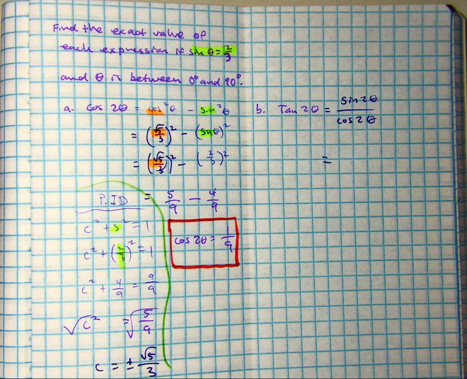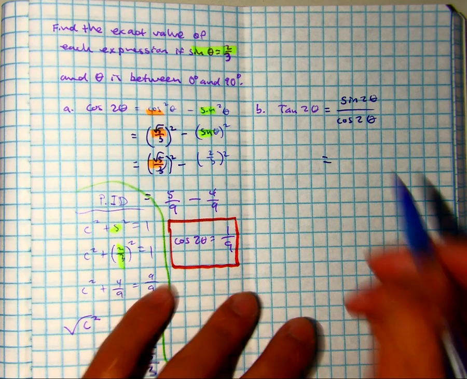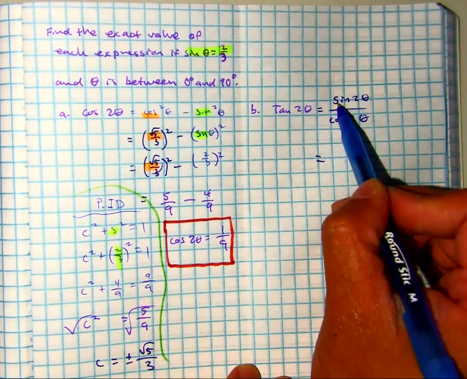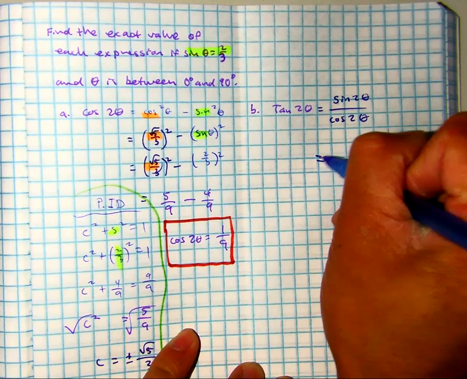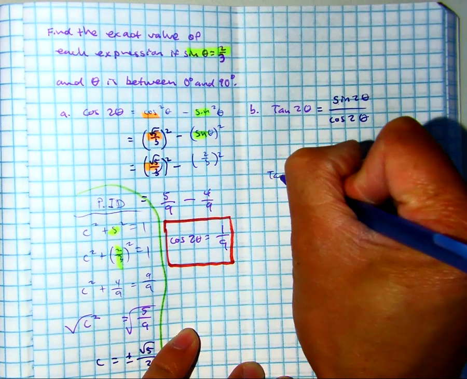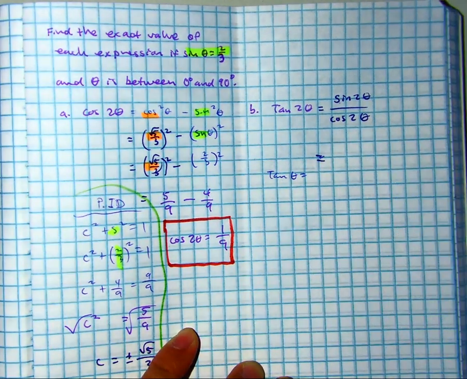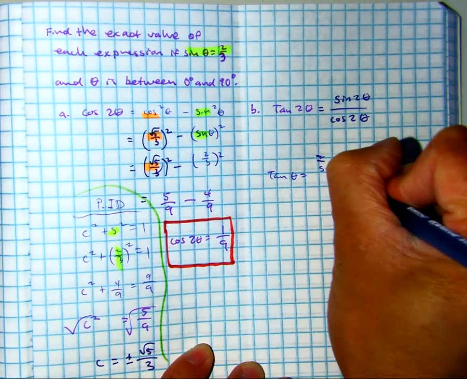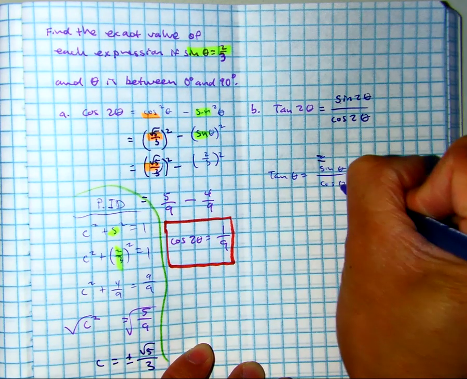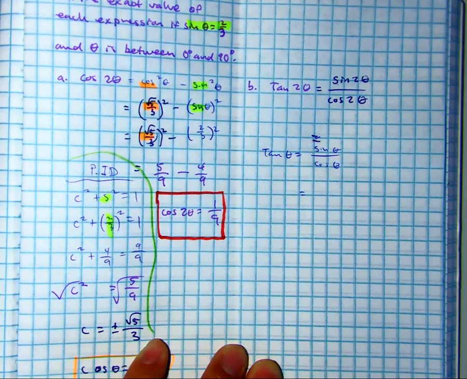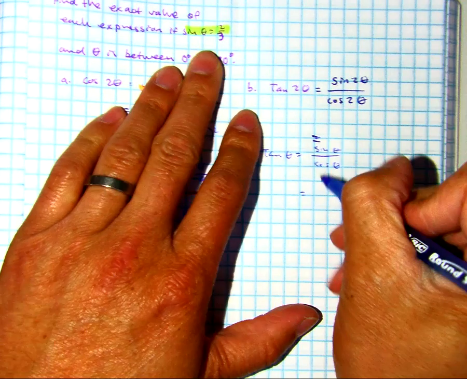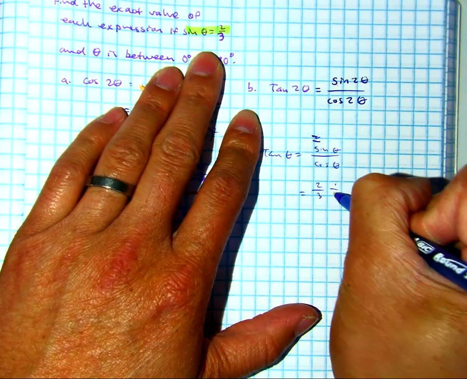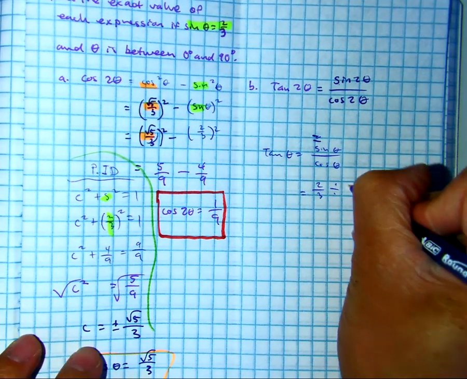Because we don't have what? We don't have sine of 2 theta. So we're going to have to find tangent. So sine of theta is 2/3 divided by radical 5 over 3.